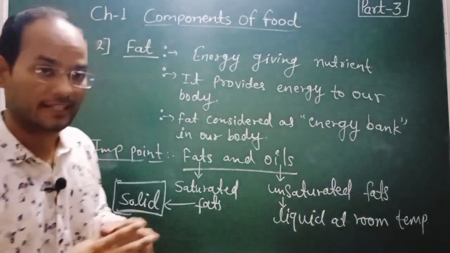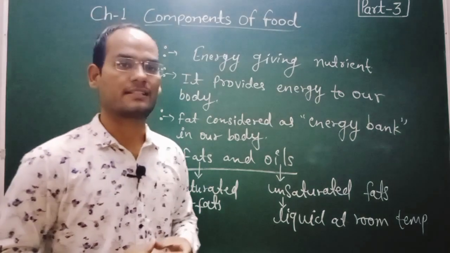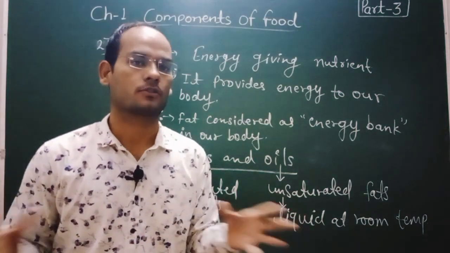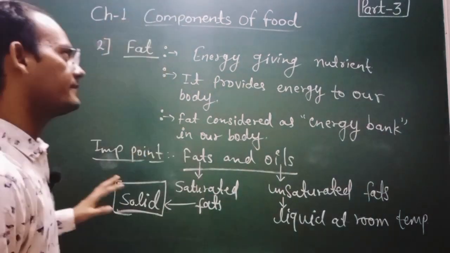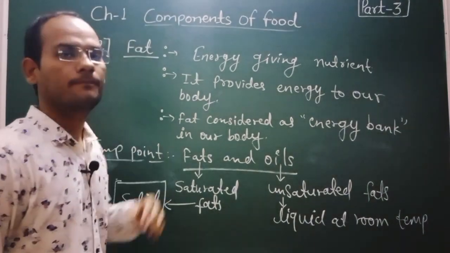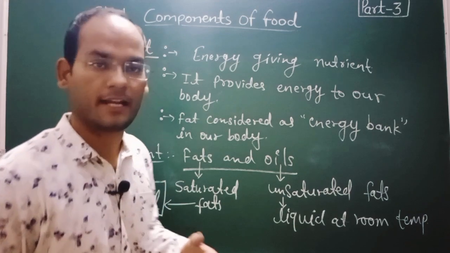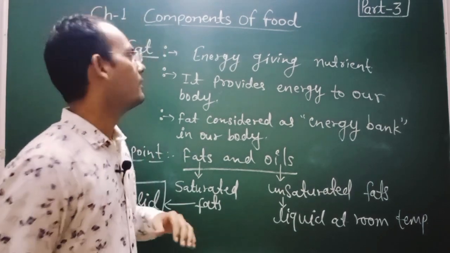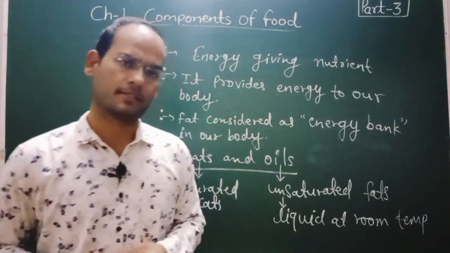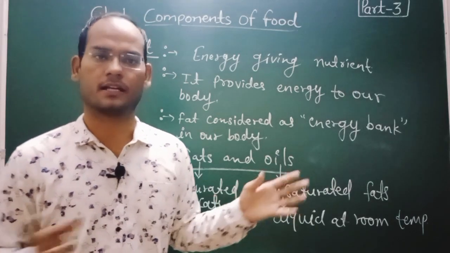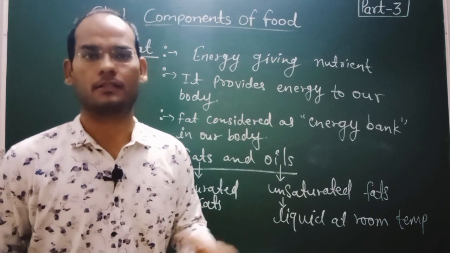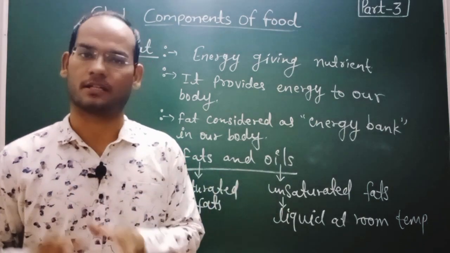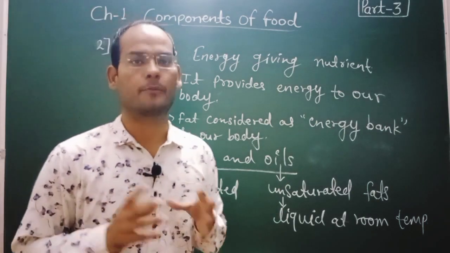Okay, now one more thing about fat is the sources of fats. So what are the good sources of fat? We get fat from animals as well as plants. We get fatty foods from animals like ghee, butter, milk, egg, meat.